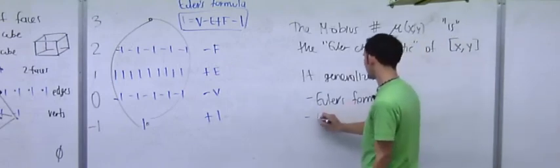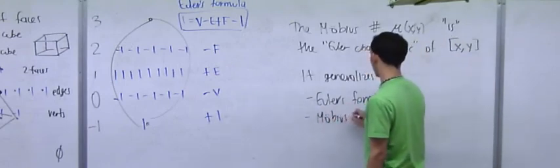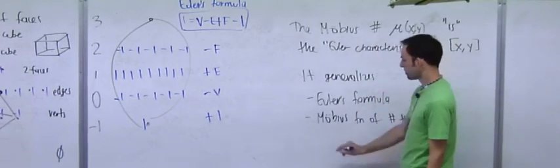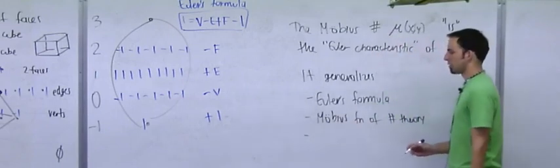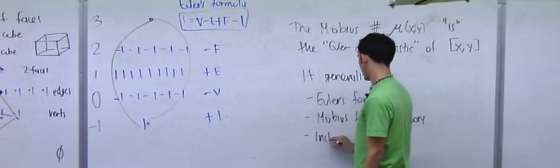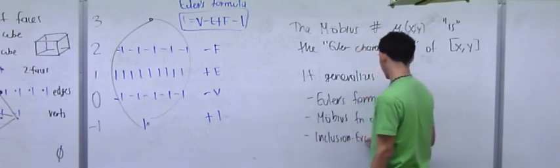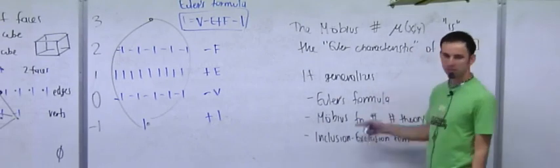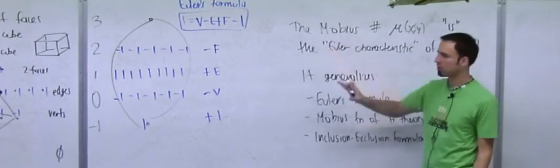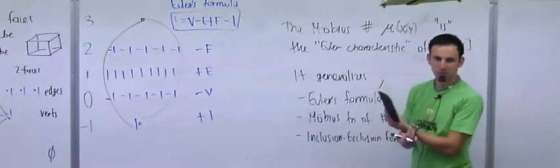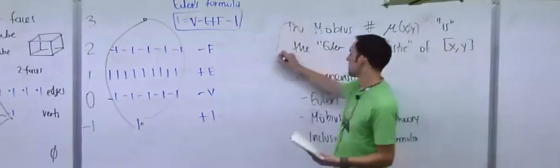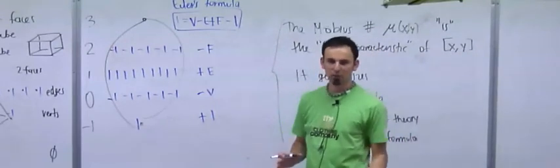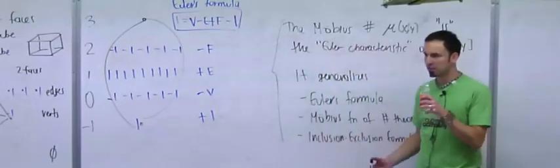So this generalizes the Mobius function of number theory, and it generalizes the inclusion-exclusion formula of combinatorics. All of these things are part of the same story, which is the story of Mobius functions in posets and Mobius inversion. These are good reasons why whenever a combinatorialist sees a poset, one of the first things they ask is, what is the Mobius function? The Mobius function really tells us a lot.